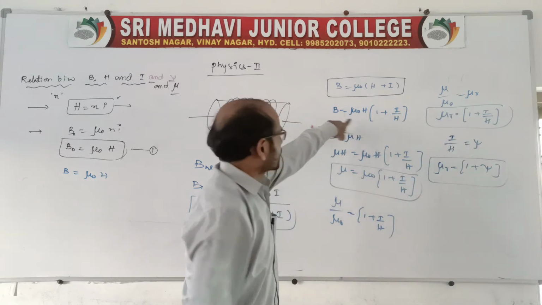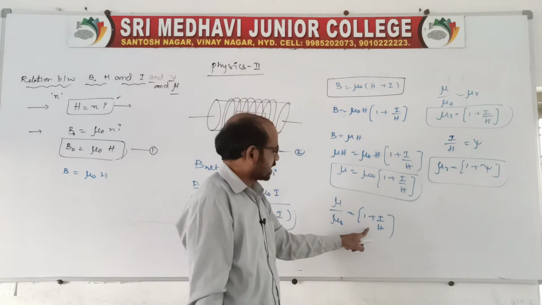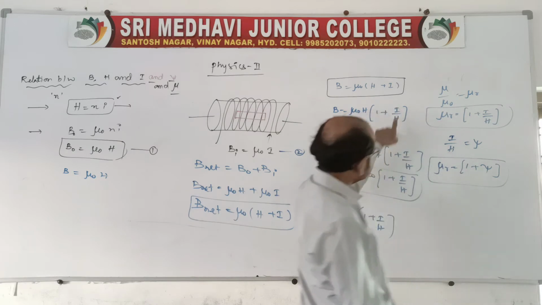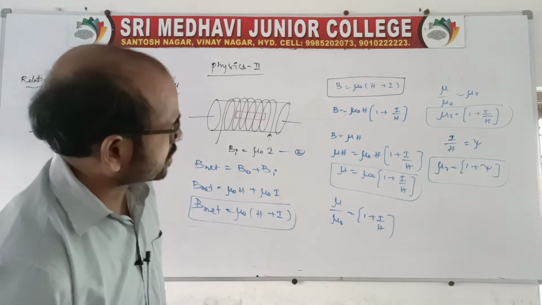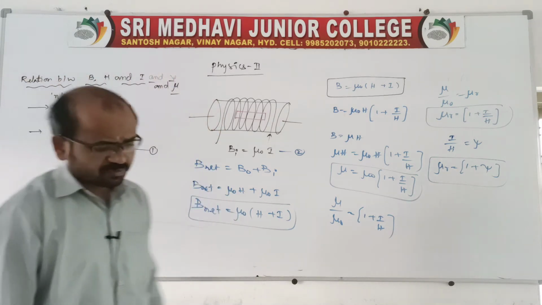Of course, you can write it in terms of Xi also, no problem, because Xi is nothing but I by H. You can substitute anyway. So this is the relation between Xi and mu r, that is, mu r is equal to 1 plus Xi.